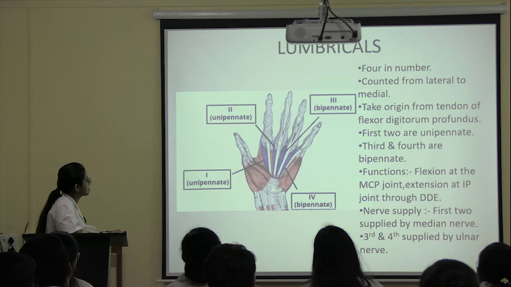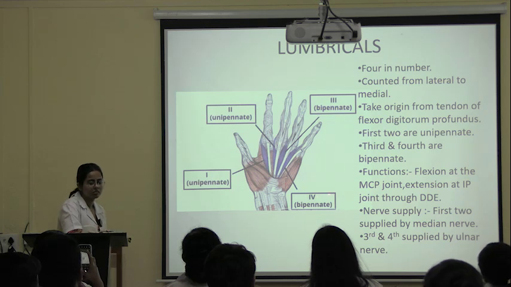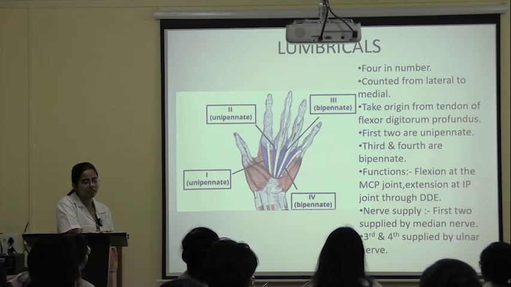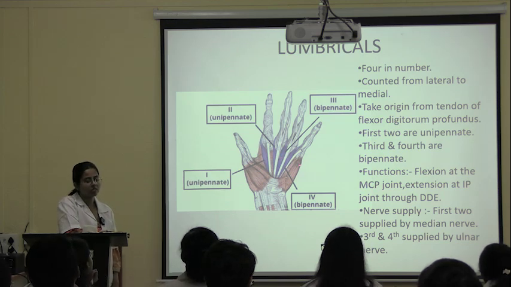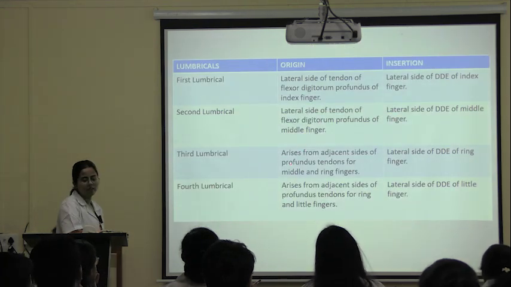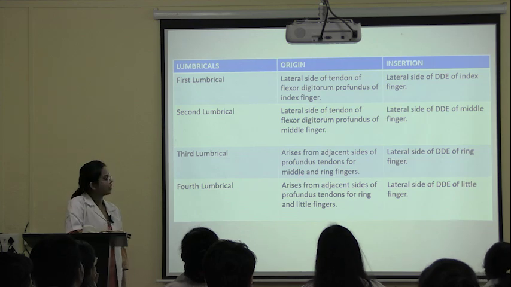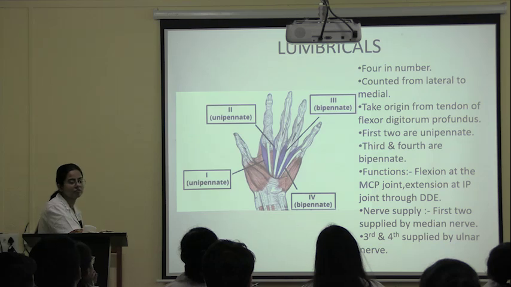Similarly, can anyone tell me what will be the origin for the second lumbrical? Yes, the lateral side of the flexor digitorum profundus of the middle finger. See, origin: lateral side of the flexor digitorum profundus of the middle finger. Insertion: lateral side of the dorsal digital expansion of the middle finger.